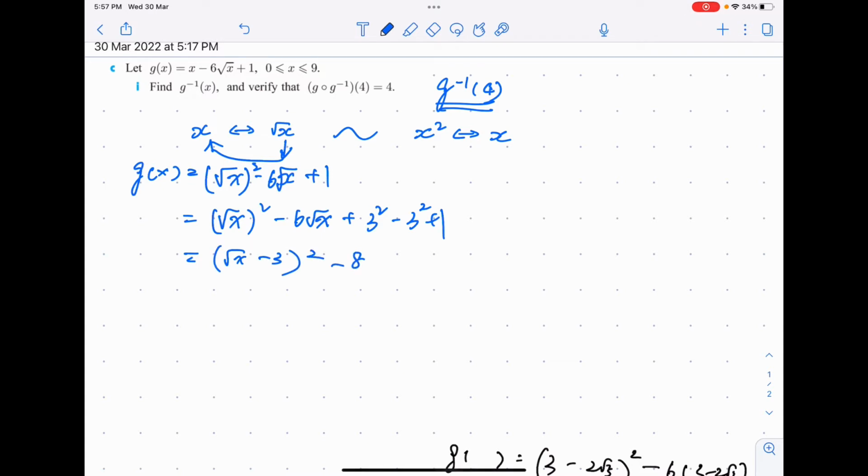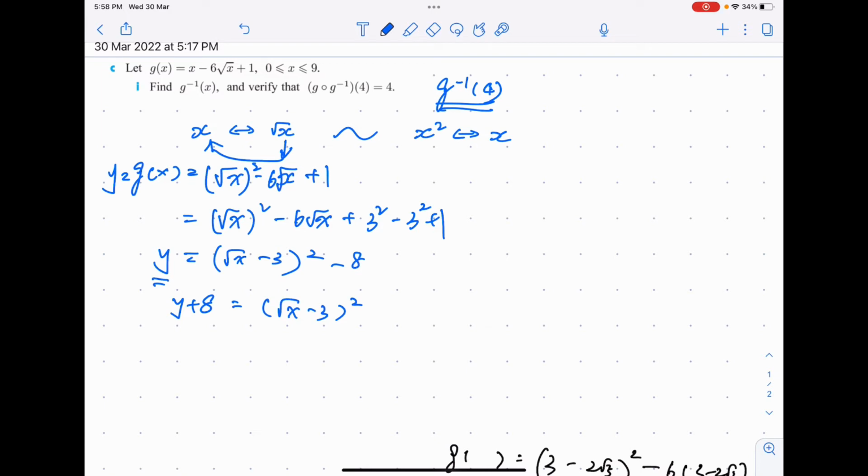Okay, now we can put a y here, because using y helps us better visualize how our inverse is going to look. Essentially the next step would be y plus 8 equals square root of x minus 3, squared. And then next step, I will have to take the square root on both sides, right?